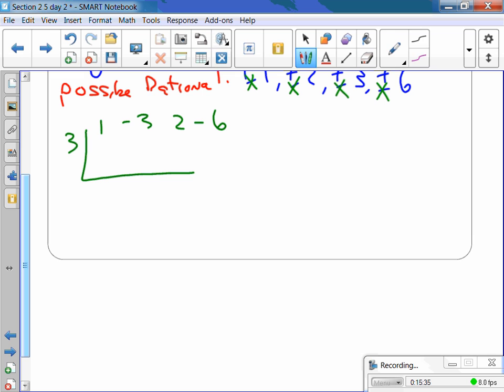1, 3, 0, 0. Absolutely. So here we can see 3 did work. X equals 3. And this gave us that 1, 0, 2 for the coefficients of our quadratic.